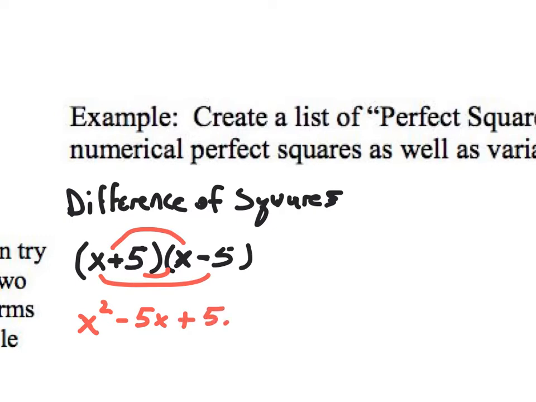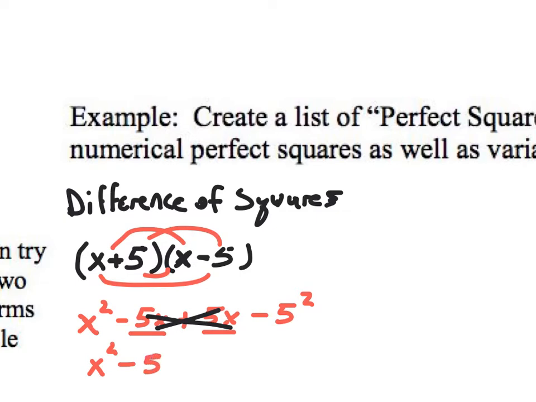And then 5 times negative 5 is going to give me minus 5 squared. I want you to see what happens here. These middle terms, negative 5x plus 5x, add to 0. These cancel out. So what you're left with is x squared minus 5 squared.